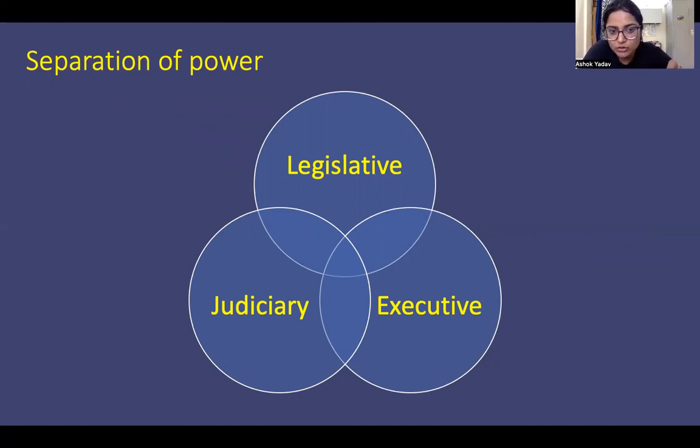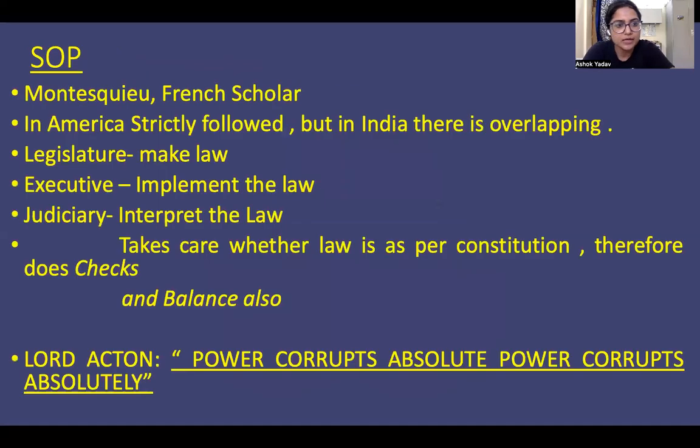Legislative is that organ of our government which makes the law for our country, right? And executive is that organ of our government which executes or implements the laws made by the legislatures. And the third organ of our government is judiciary, which makes the interpretations of the legislations made by the legislatures, right?